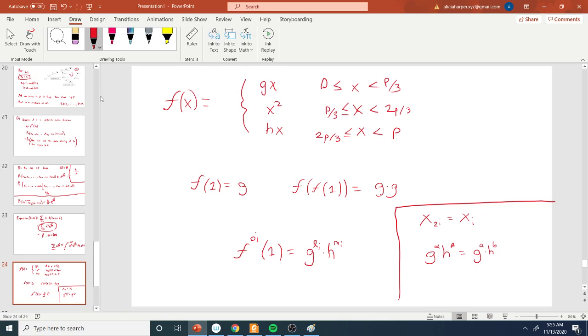And you know what alpha, beta, a, and b are because you keep track of them as the algorithm runs through. You can see that if the third thing is happening, you're adding 1 to the h exponent. If the middle thing is happening, you're doubling the values. And in this one, you're adding 1 to the g exponent. So if you have this relation, then it actually tells you some stuff.